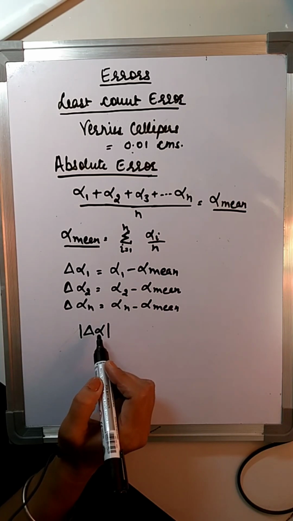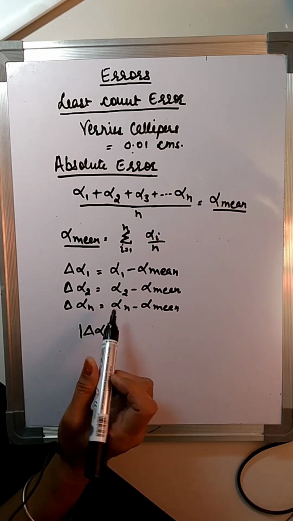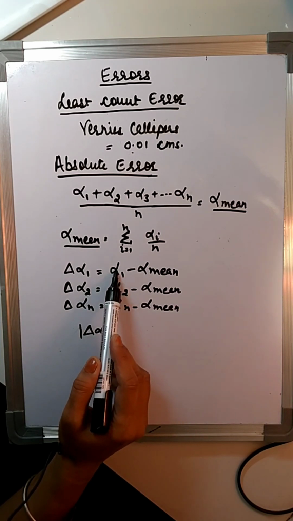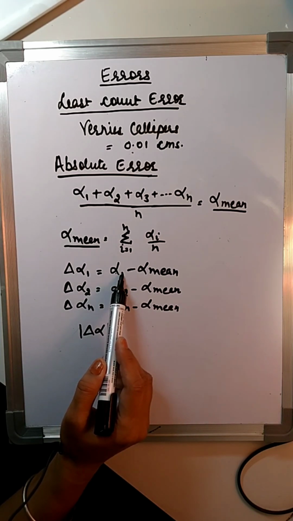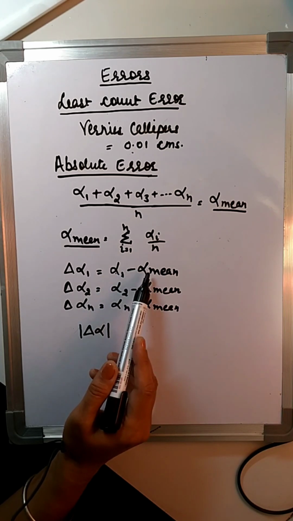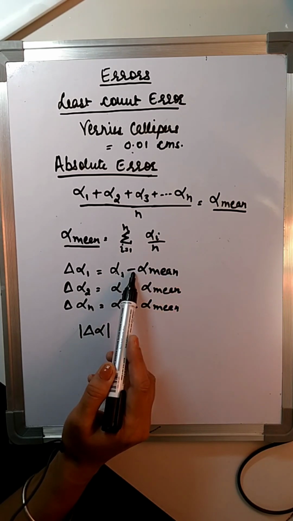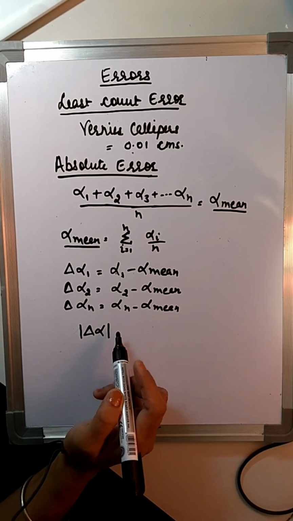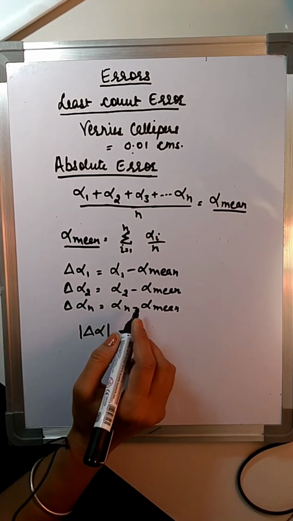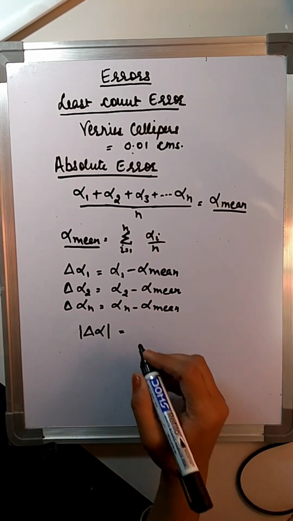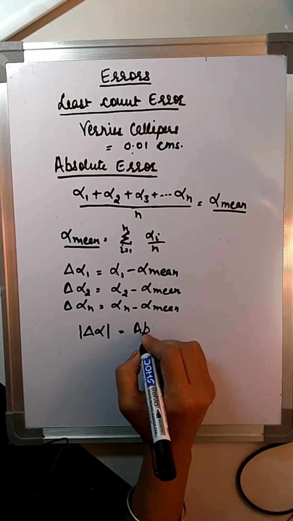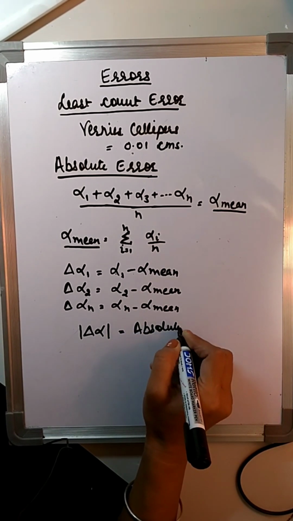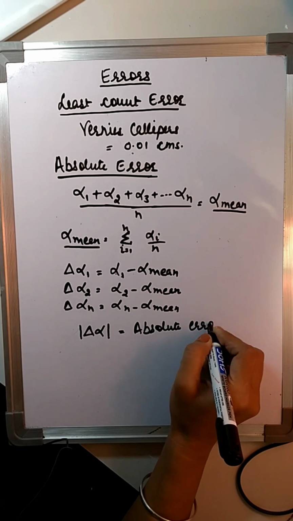So the magnitude of the difference between the individual value and the mean value or true value is called the absolute error.